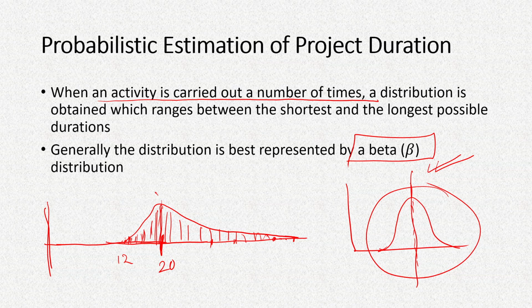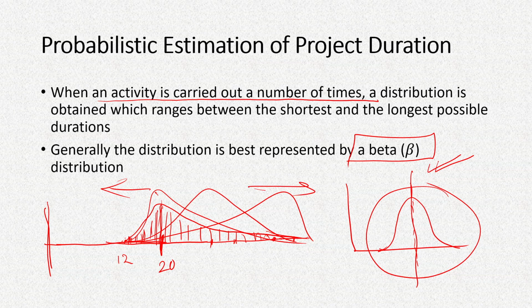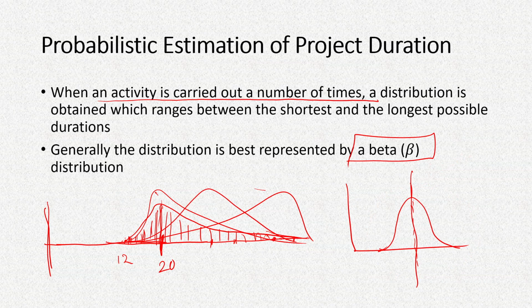The peak may go like this. It may be like a normal distribution. It may shift in this direction. Sometimes some beta distributions may look like this also. So a beta distribution is quite flexible compared to a normal distribution, which has this unique shape.